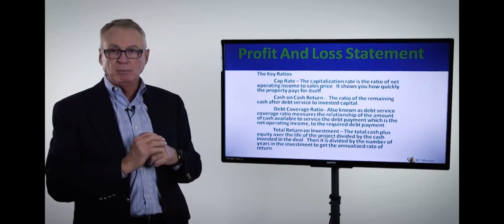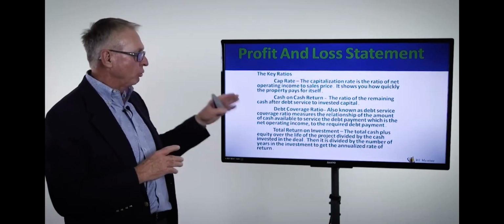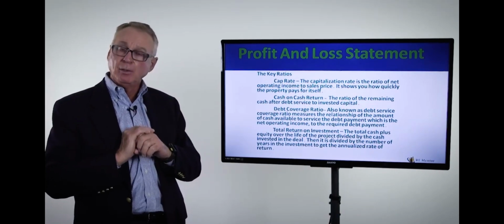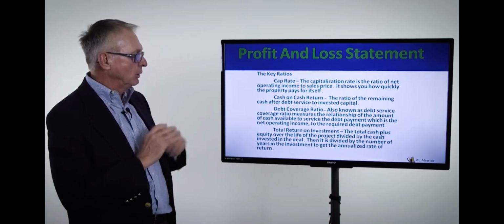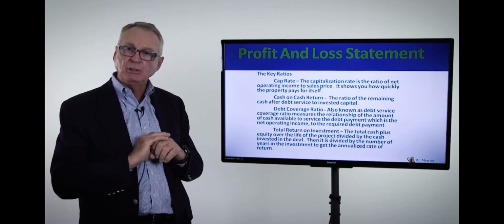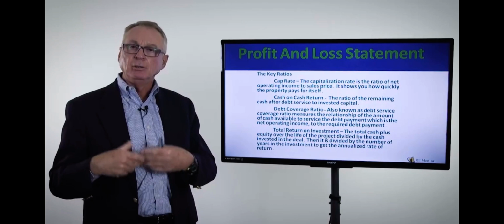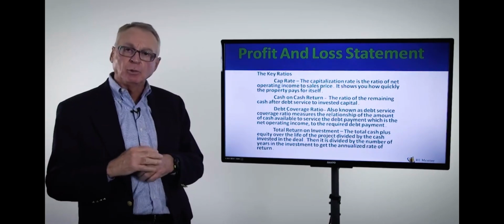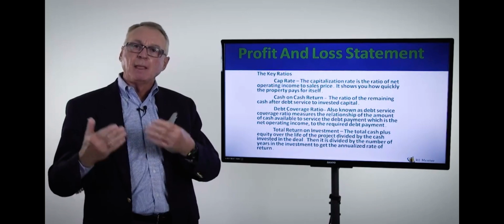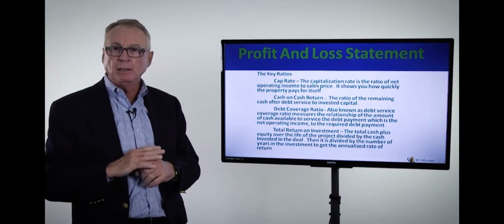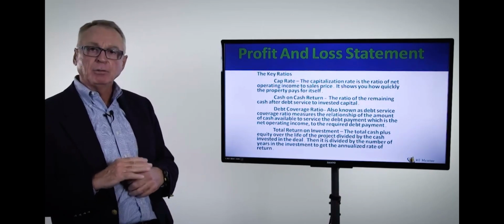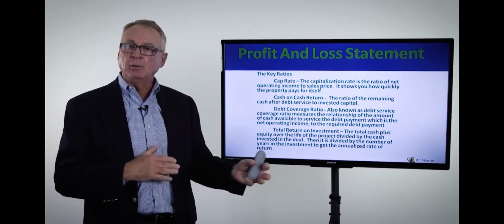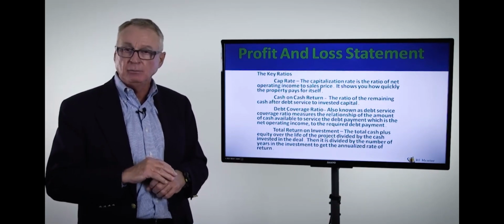The bank wants to make sure that they get paid, and within your loan documents from the bank, the lender's going to have a stipulation they call a covenant, and you're going to have to be able to maintain a certain minimum debt service coverage ratio every year, and your investment gets evaluated by the lender every year to make sure that that debt ratio is being maintained and the loan is not in any kind of jeopardy.